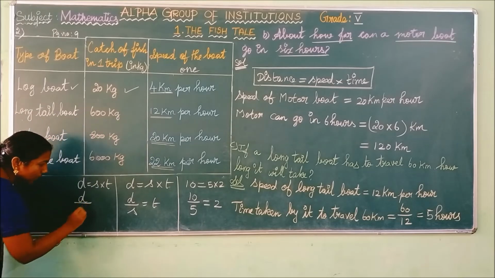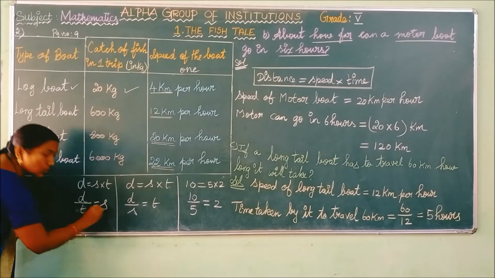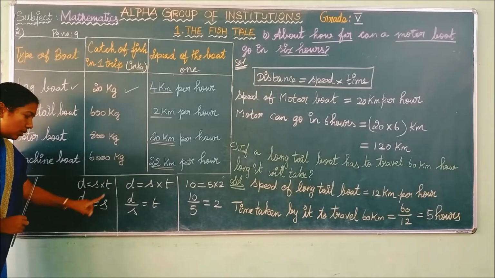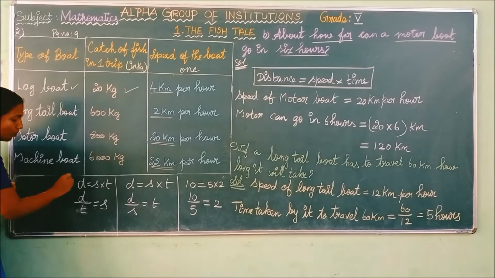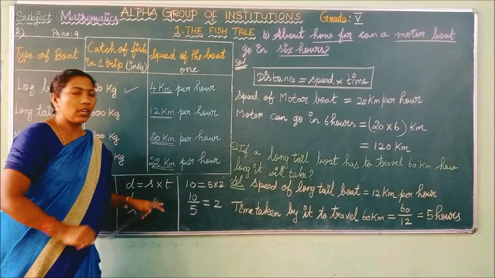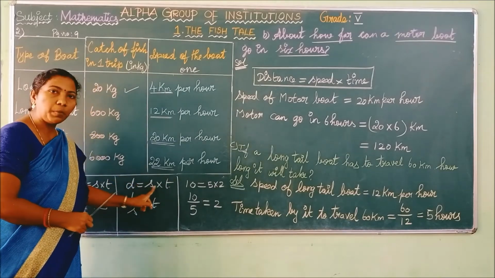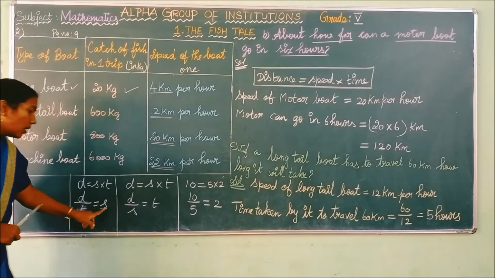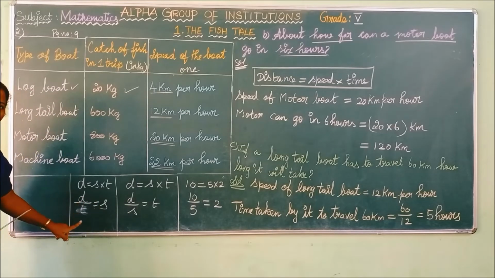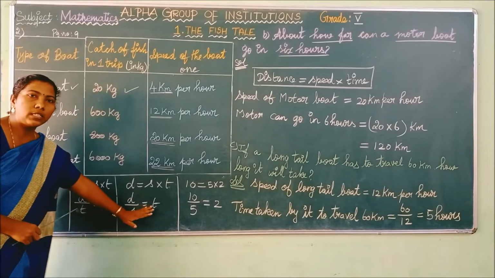Bring this t to this side. So distance by t equal to speed. So you must remember these things. Okay. So distance equal to speed into time. Time equal to distance by speed. Speed equal to distance by time. Okay. You must remember these things.